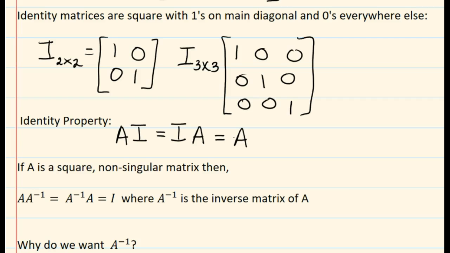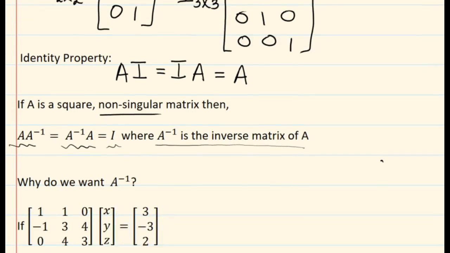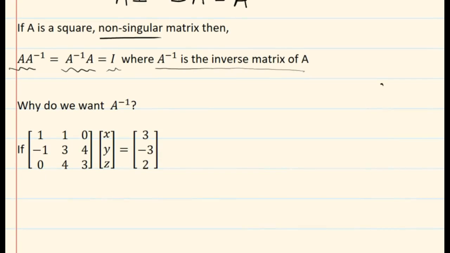If A is a square, non-singular matrix, and we'll talk more about what non-singular means, then we can find that A times A inverse, that's this guy right here, is equal to A inverse times A, and the result will be the identity matrix. Notice I mentioned that A inverse is denoted by A to the negative 1 power. That means inverse. So the big question should be, why do we even care about inverses?